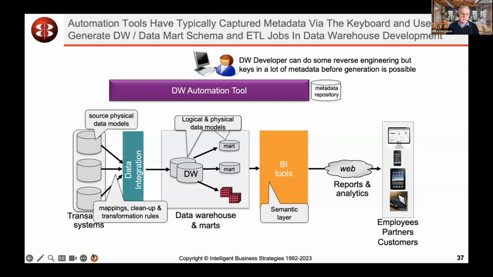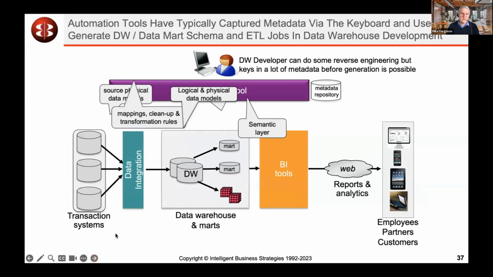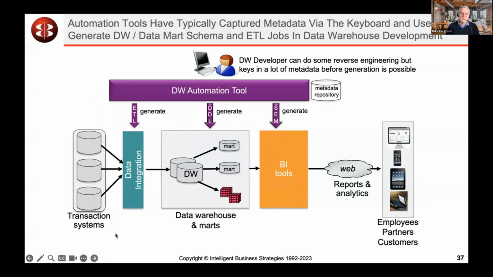Now, historically, data warehouse automation allows that metadata to be defined through the keyboard, if you like, by a developer, and then using that metadata, we can generate the pipelines to build a warehouse, generate the physical data models for your data warehouse and your data marts, generate the pipelines to populate those systems and potentially generate the semantic layers for the BI tools.